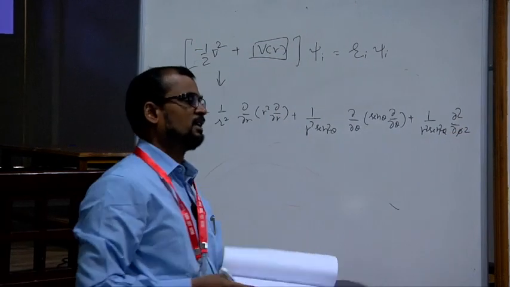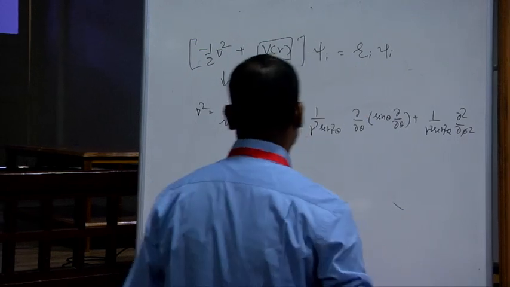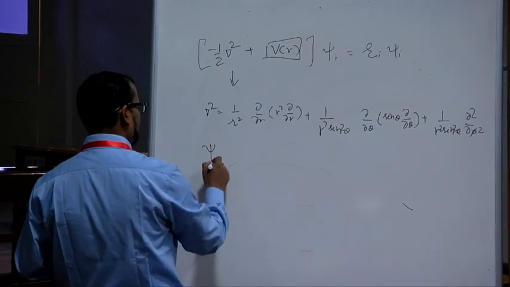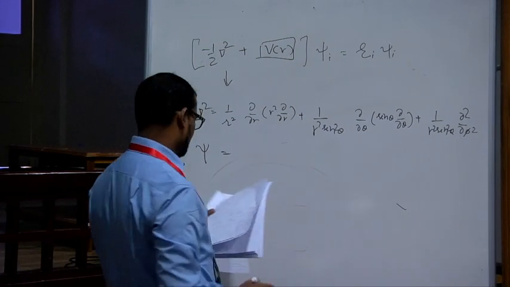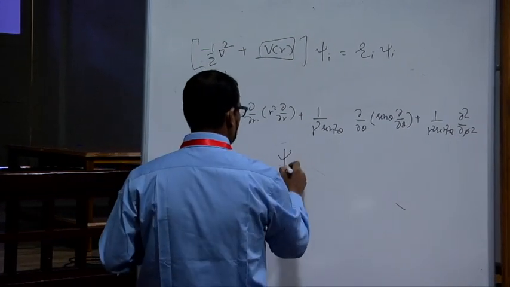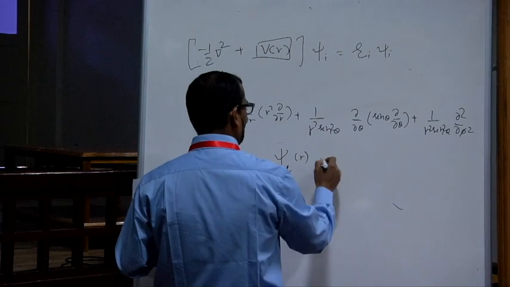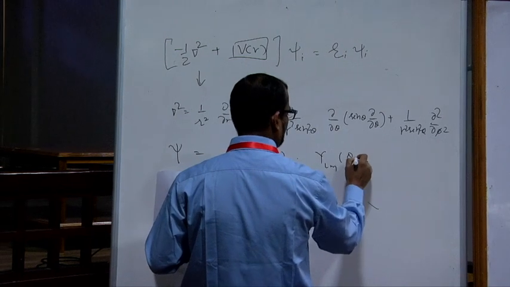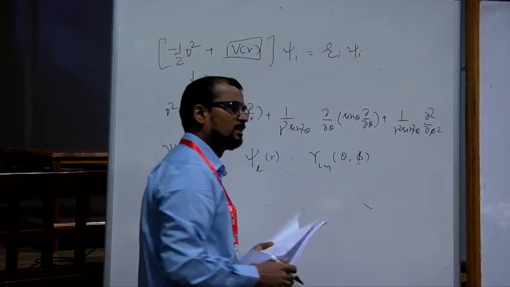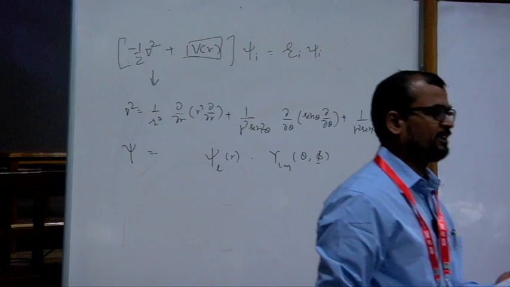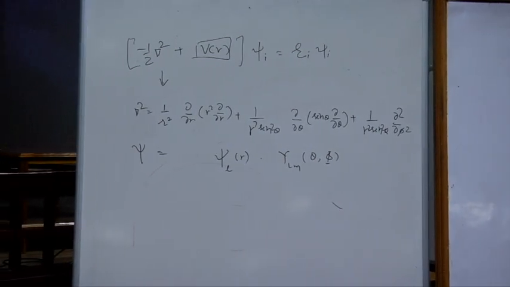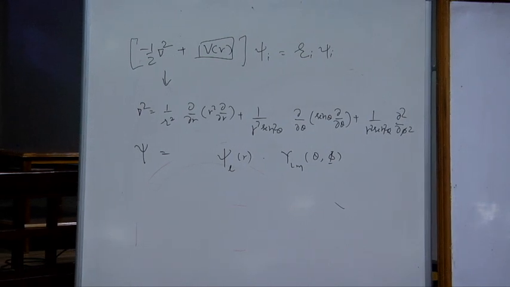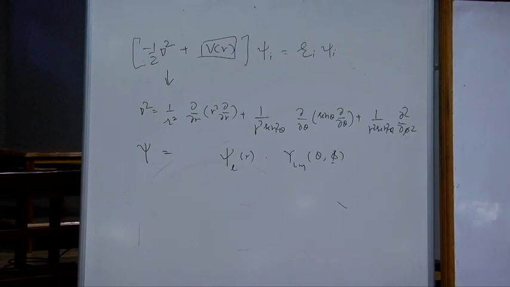This is the Laplacian operator that you know. Now you smartly decouple your psi into two components: a radial component, psi_nl(r), and an angular spherical harmonic, Y_lm, that depends on the theta and phi components. Since your potential is spherically symmetric, Y_lm doesn't change with the potential; it is independent of it.